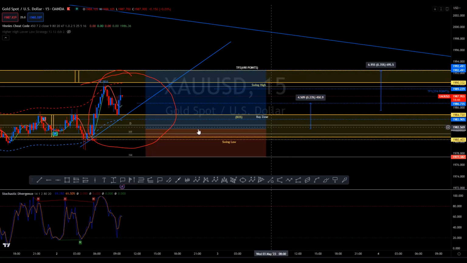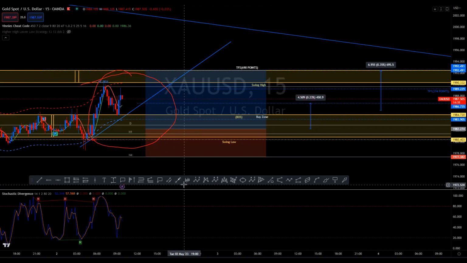Good thing is the HMA curved up here, so price might be ready to push some more, maybe.